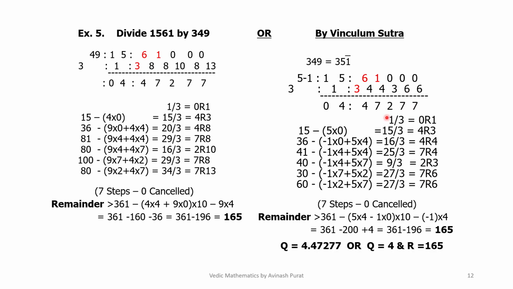So 60 minus (bar 1 into 2 plus 5 into 7), that is 35 minus 2 is 33. So 60 minus 33, 27 by 3 equals 7 or 6. 7 is quotient, 6 is remainder.